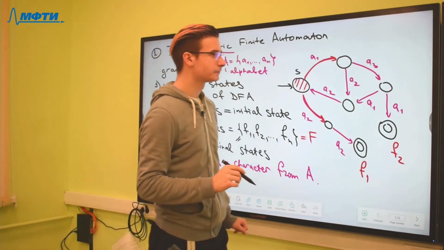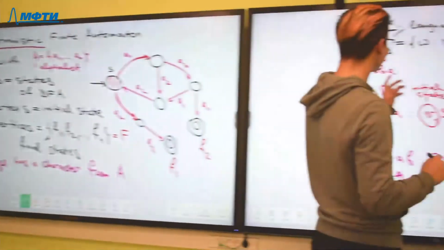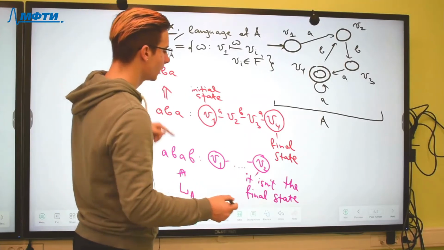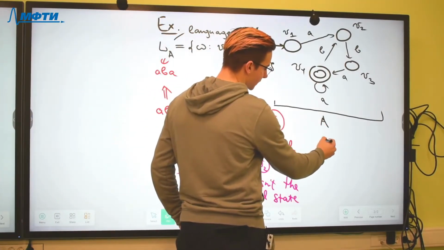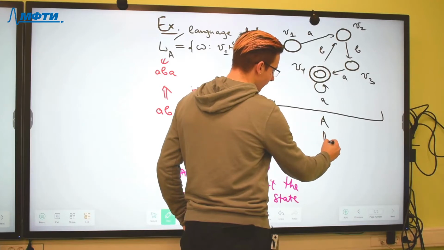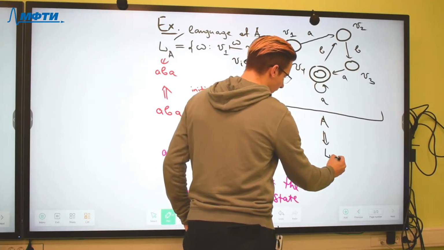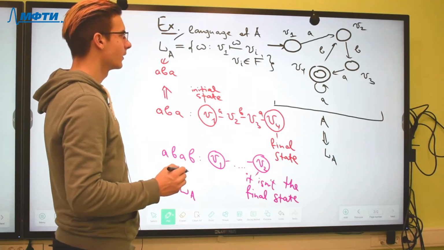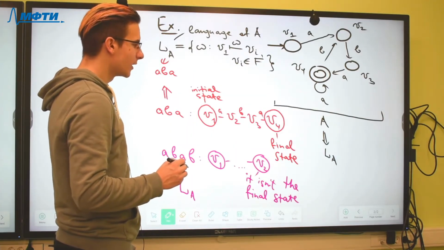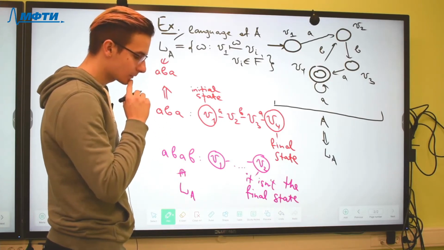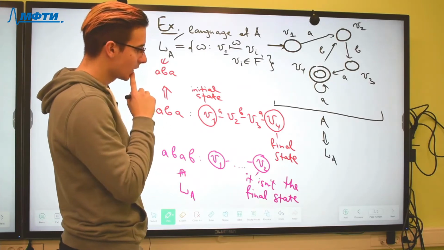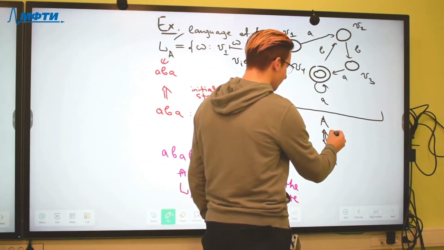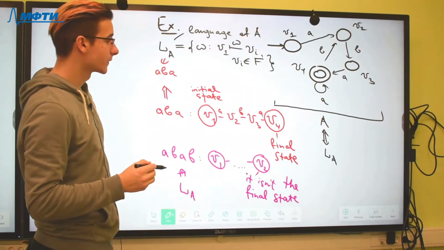So as we can see in this example, if we have an automaton, we can find some language that is connected with this automaton. But it is true that this connection works in both directions.